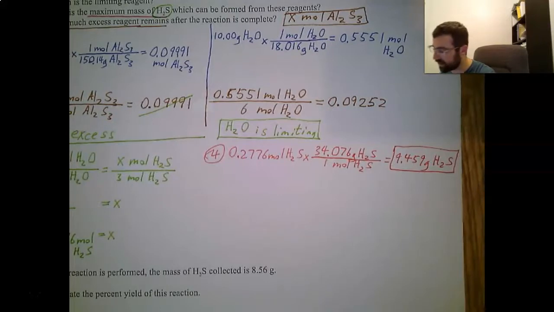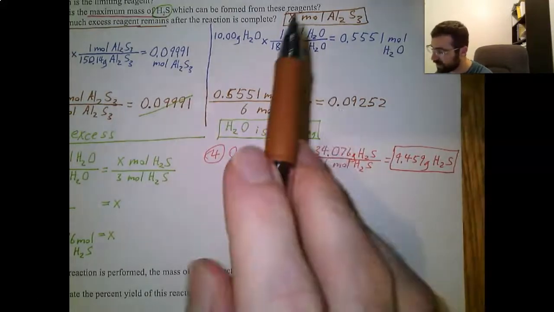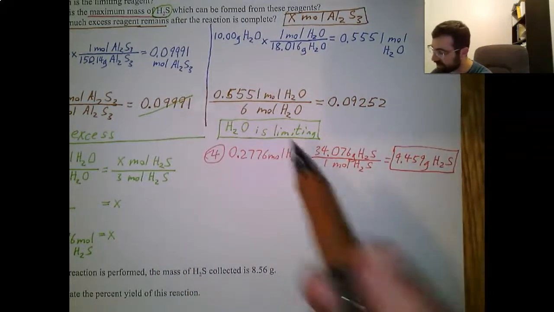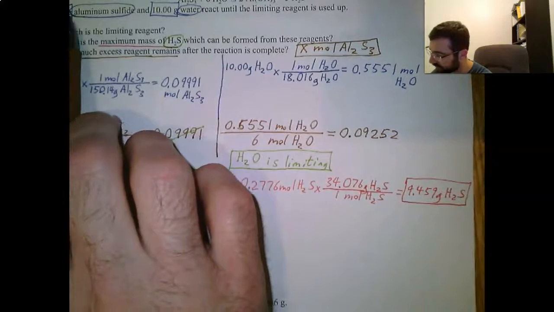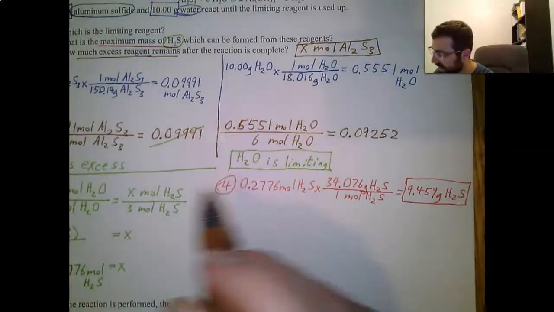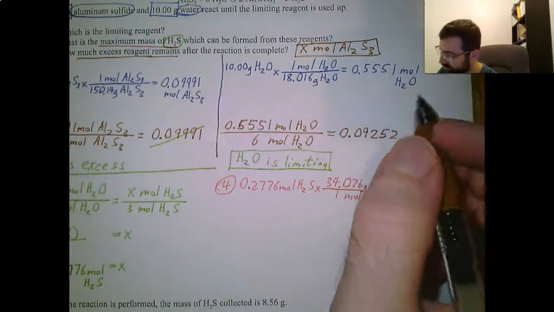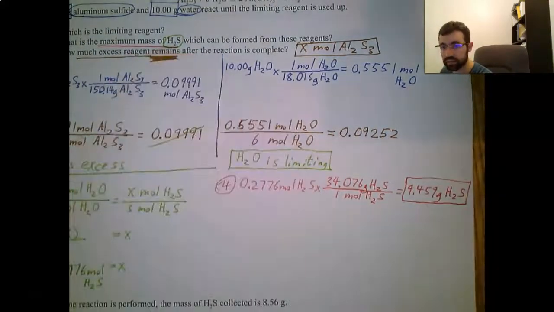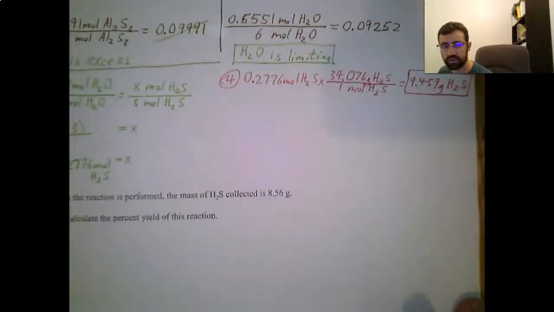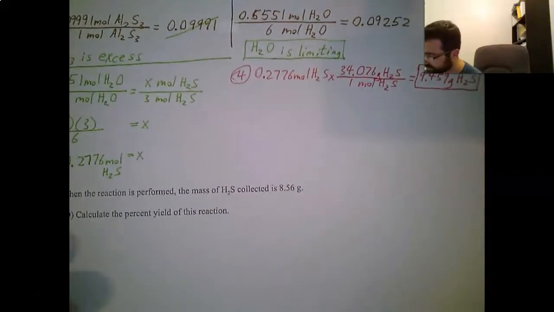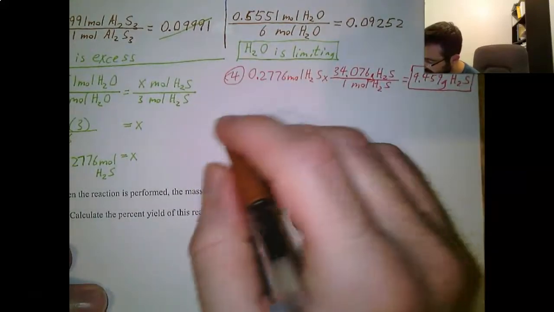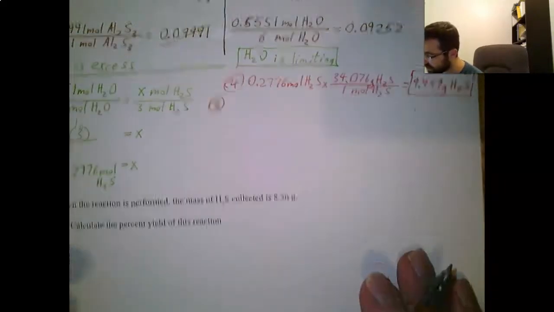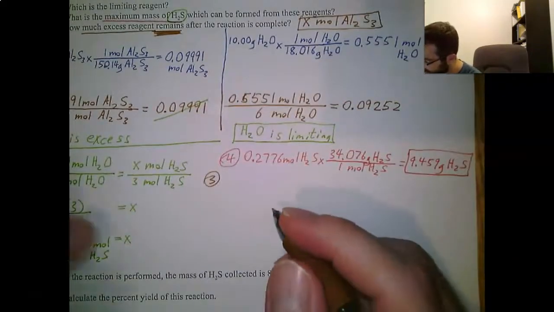Now I want to find the difference between how much I had available, which is up here, and how much is used, which is what X is going to be. So don't forget, we're going to find how much is left, how much remains. That's 2 steps that we learned on the previous page. We'll go through this a little at a time, but we're going to redo step 3, but this time X is Al2S3.